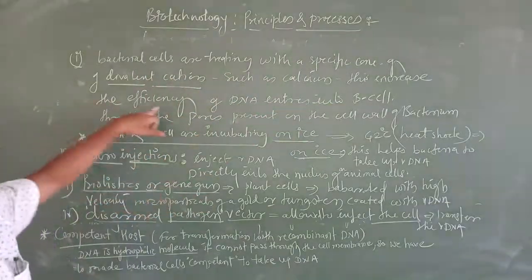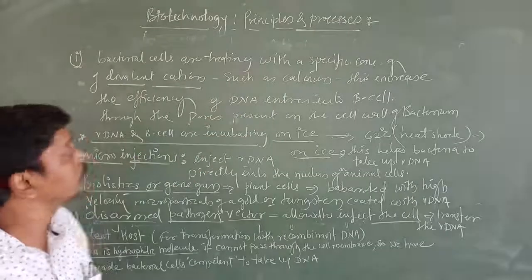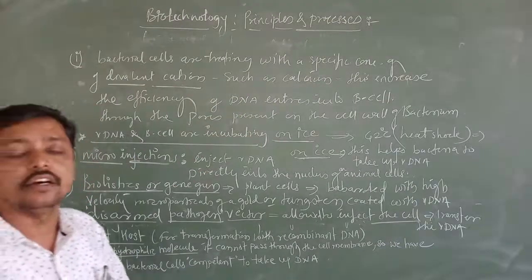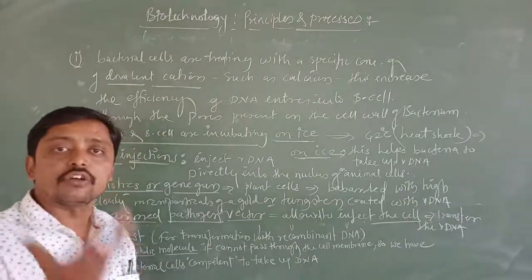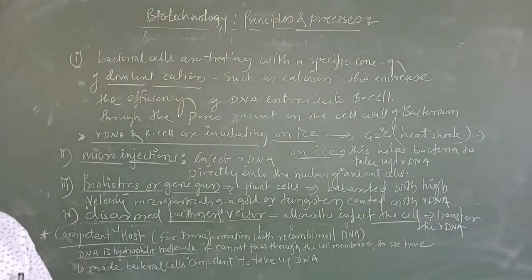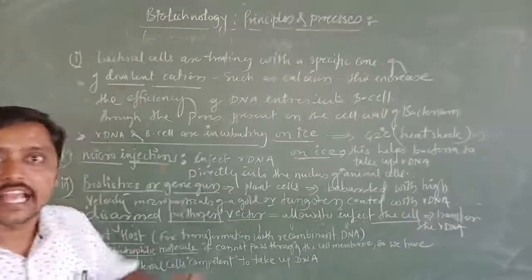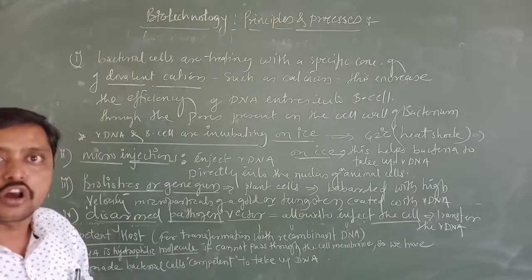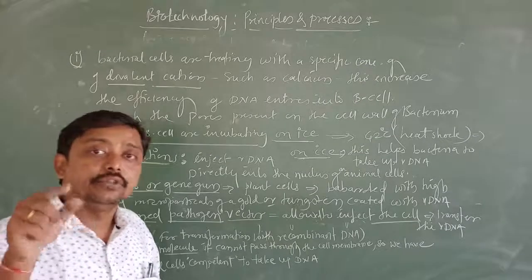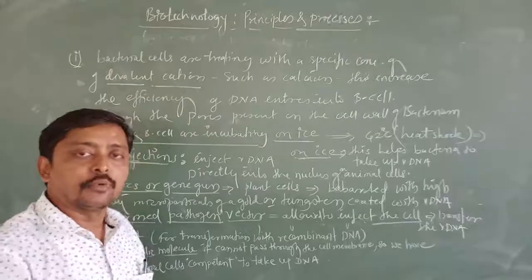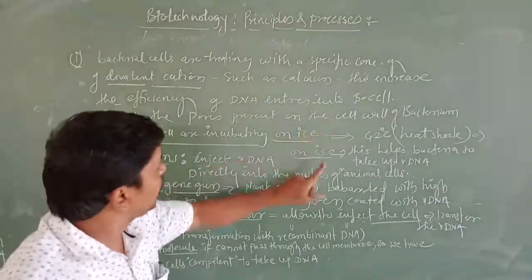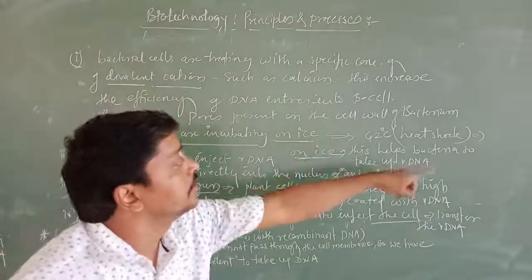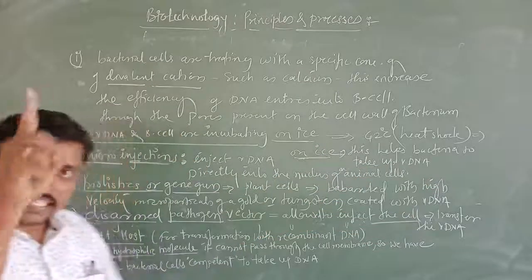This increases the efficiency of DNA entering the bacterial cell through the pores present on the cell wall. Afterwards, the bacteria and rDNA are incubated on ice and heat shocked at 42 degrees centigrade. Then you put them back on ice, and this helps the bacteria take up the rDNA. That is the first method.